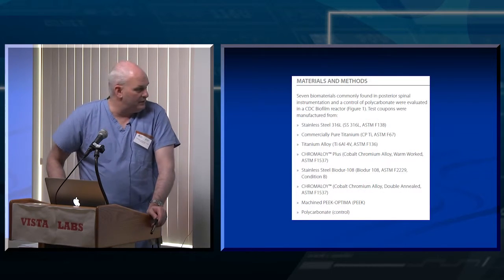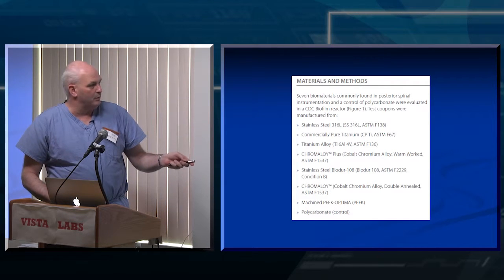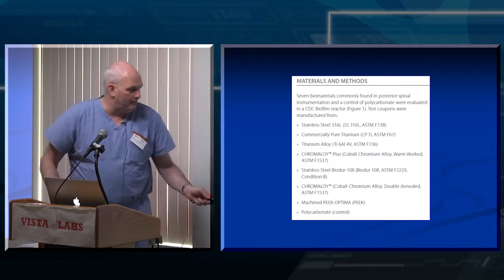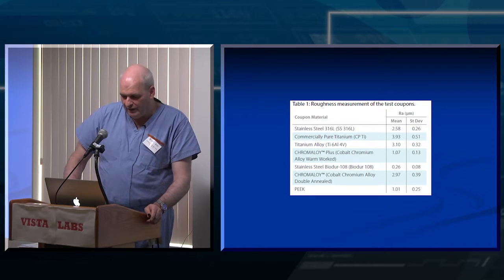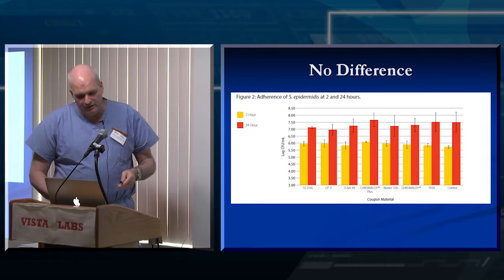So basically they compared a lot of different substances: stainless steel, commercially pure titanium, titanium alloy, cobalt chrome, and PEEK and a polycarbonate material. They compared the surface treatments of both.